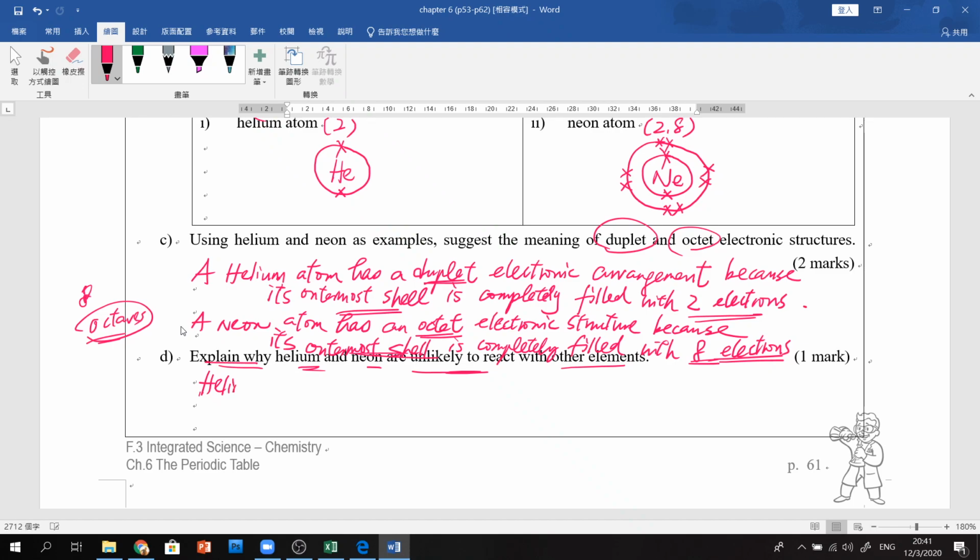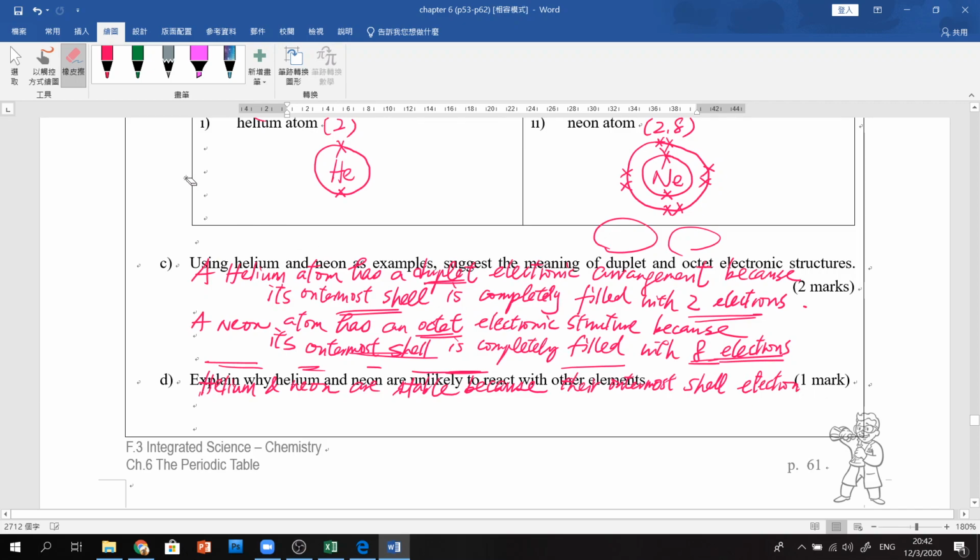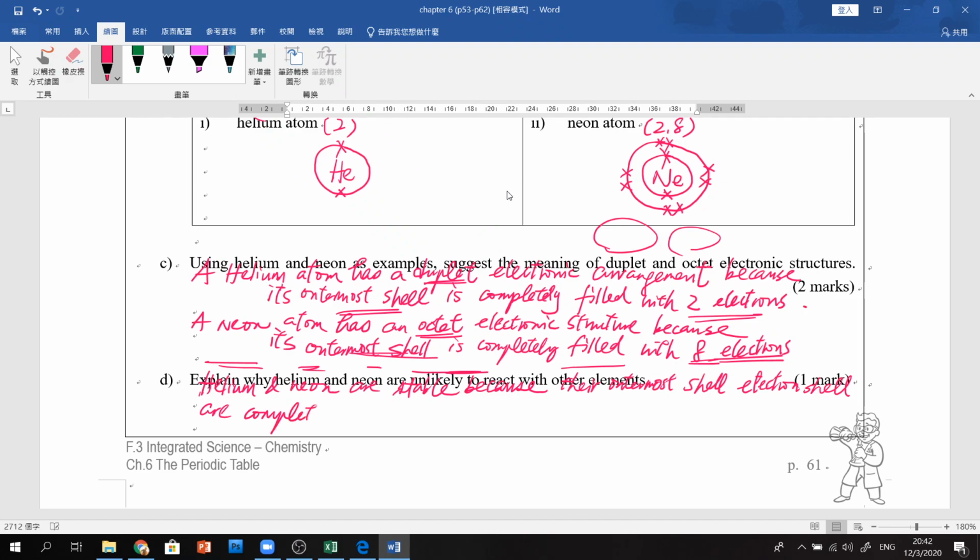Helium and neon are stable because their outermost electron shell is completely filled with electrons.